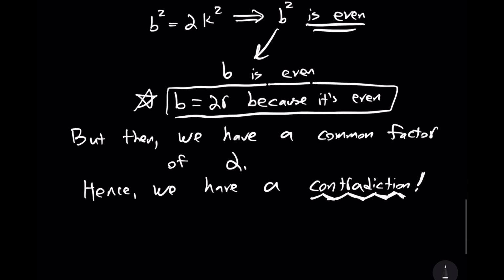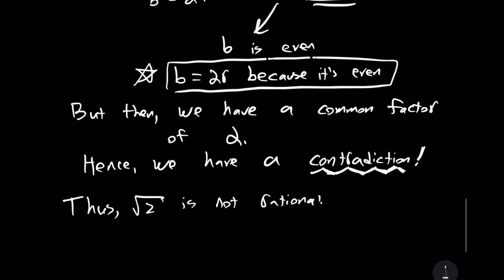And because of that contradiction, thus, the square root of 2 is not rational. In other words, it's irrational.